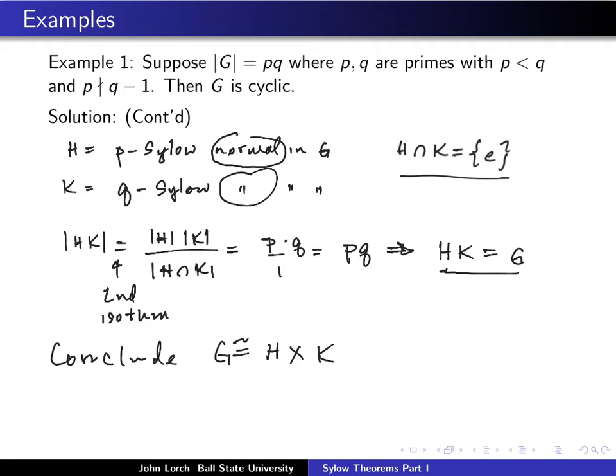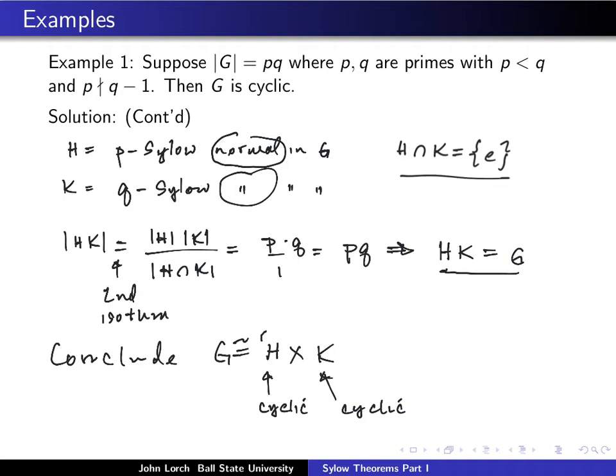Now, what do we know about H? H is of prime order, and so that means that this is cyclic. K is also of prime order, so that means it is cyclic. And the orders of the two groups, H and K, are relatively prime.